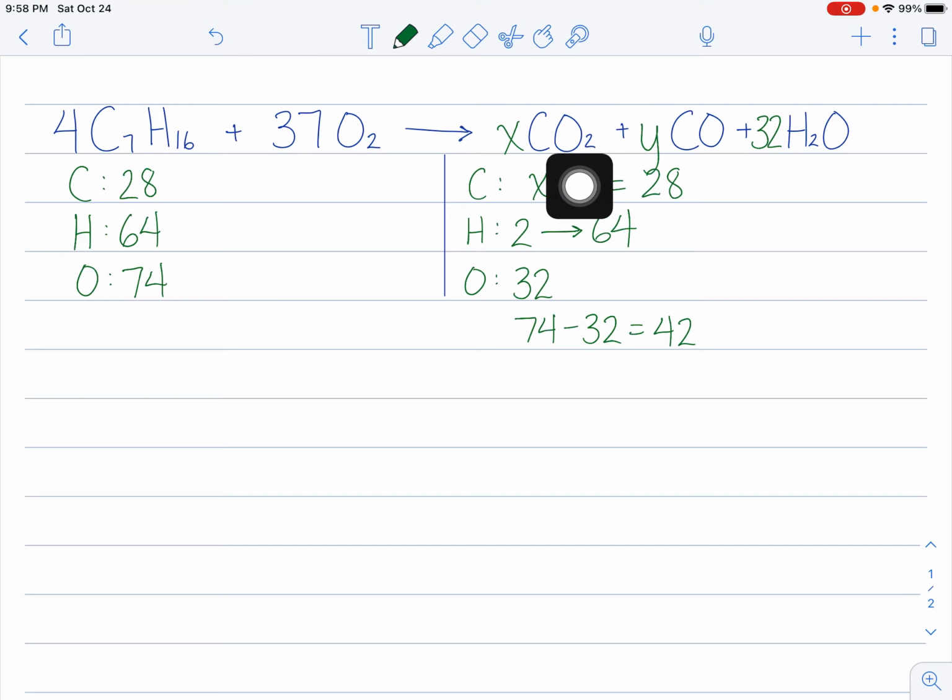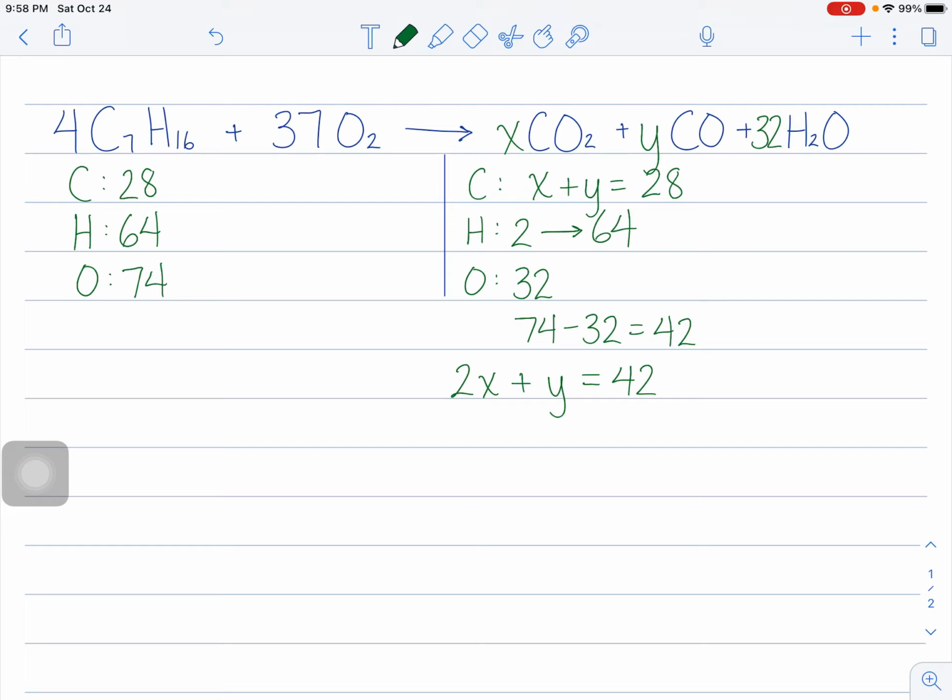Each carbon dioxide has 2 oxygen, so 2X from carbon dioxide plus 1 oxygen from each carbon monoxide, so 1 times whatever Y is. So I know that 2 times my coefficient for carbon dioxide plus 1 times my coefficient for carbon monoxide will need to give me 42 oxygen atoms.